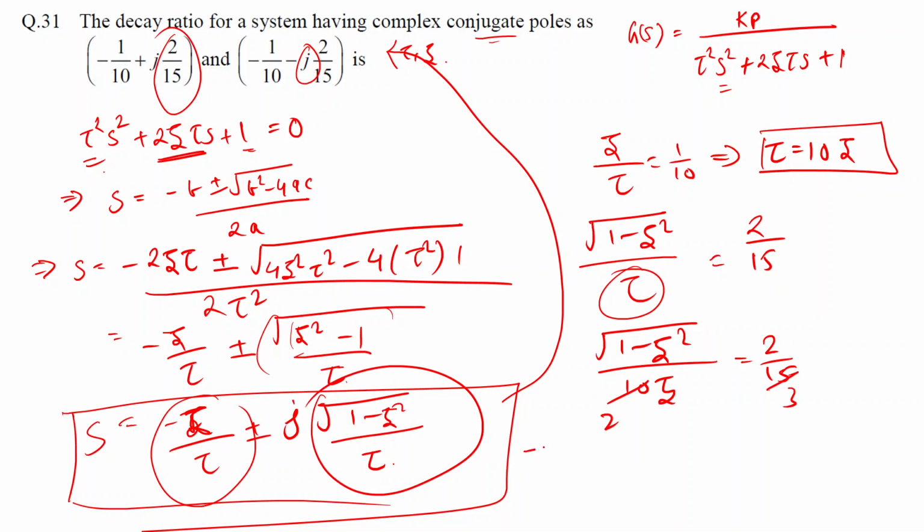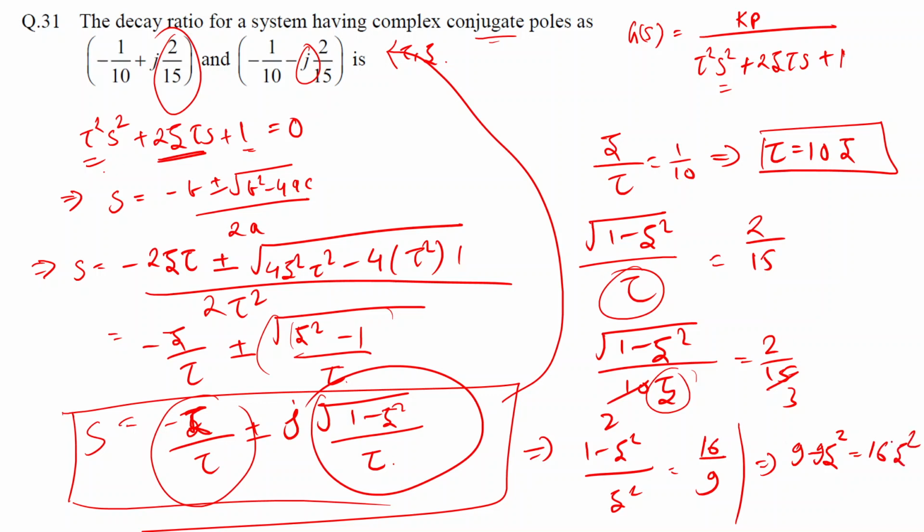We can take the square of this equation and we'll be getting 1 minus zeta square upon zeta square is equal to 16 upon 9, since 4 by 3 squared is 16 upon 9. We can write this as 9 minus 9 zeta square is equal to 16 zeta square.